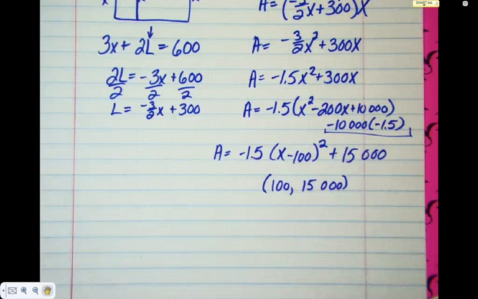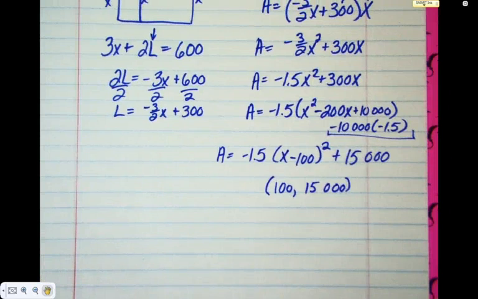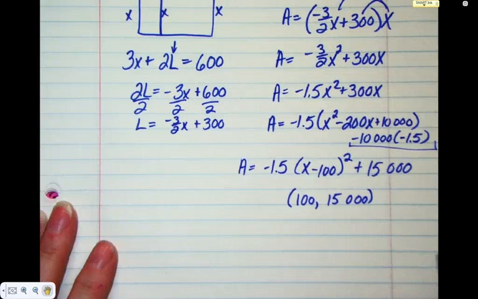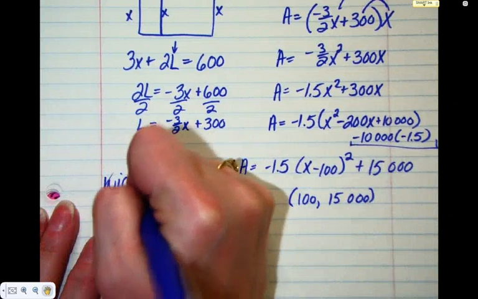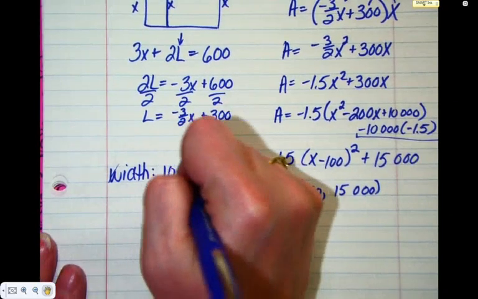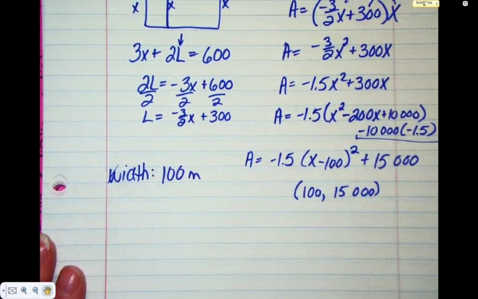Do you see the difference between what would be a max-min calculator question and a non-calc question? Okay, so one, for example, we didn't need a calc. Numbers were small enough. This crazy one, we used a calculator. Are we done? Nope, we need to actually answer the question. What is it asking for? What's the width? How do we find the length?